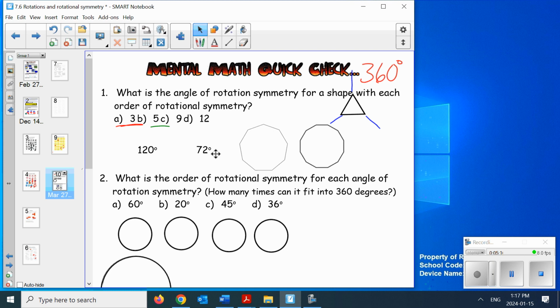Give me some numbers. 9-sided, what is it? 40 degrees. And then 12 goes in nicely. Give me a number from the back, somebody. Get your sheets out, get your calculators out, y'all.